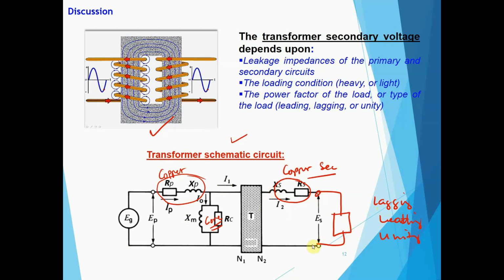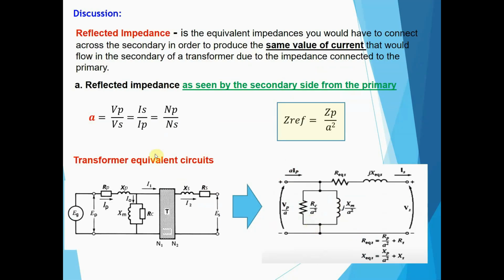We always want to know the effect of these loads on the secondary voltage because we are specifying the transformer capacity and rated voltage. Okay. Now, before we start the voltage regulation analysis, knowing this schematic equivalent of the transformer, this circuit can be represented by this circuit.